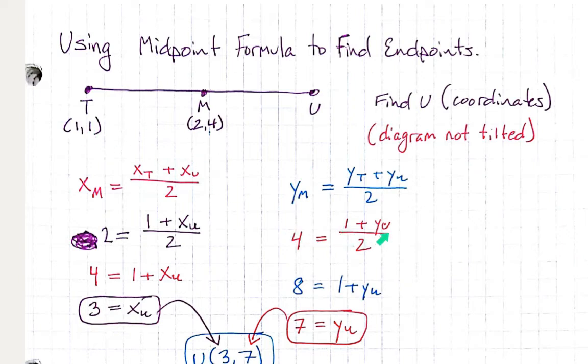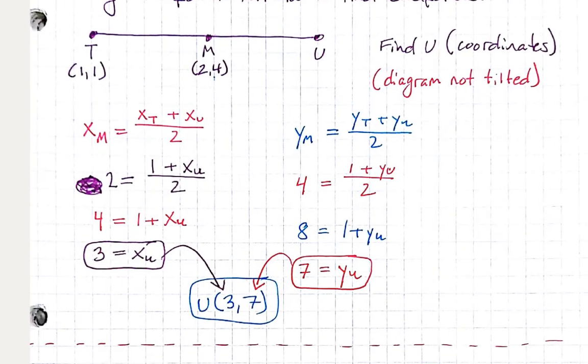The thing we don't know is the y-coordinate for U. Multiply both sides times 2 to get rid of the divided by 2. 4 times 2 is 8, and 8 equals 1 plus y sub u. We take away the 1 from each side, and we get 7 equals y sub u. So our x-coordinate is 3, our y-coordinate is 7.